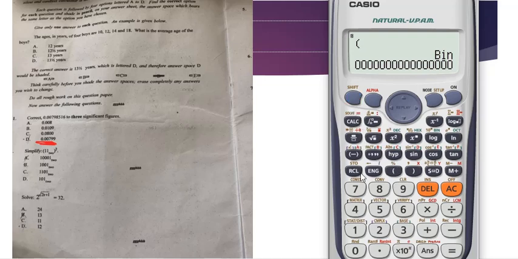After you click on shift, when you look at this side, you can notice that we have 3 over here, and on top of the 3 we have base. That's why I initially stated that you have to get your calculator before watching this video.